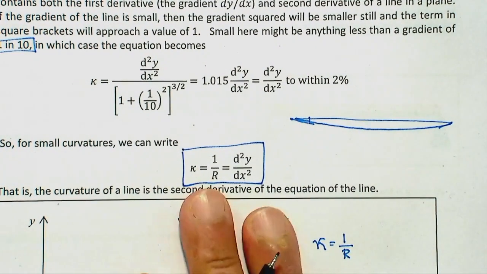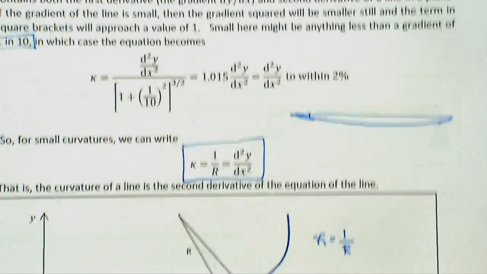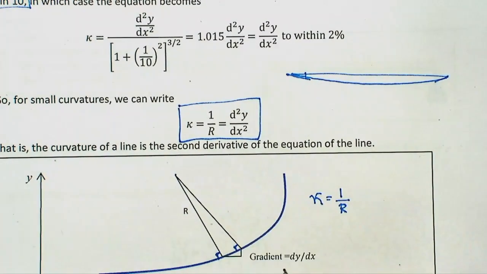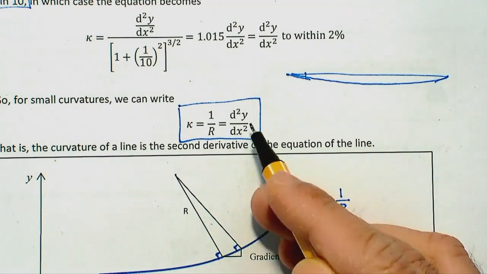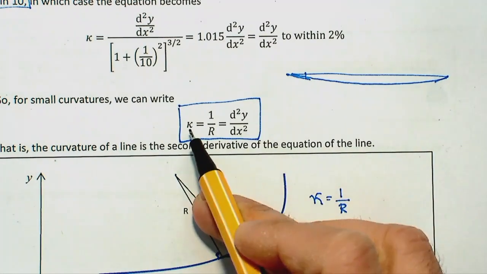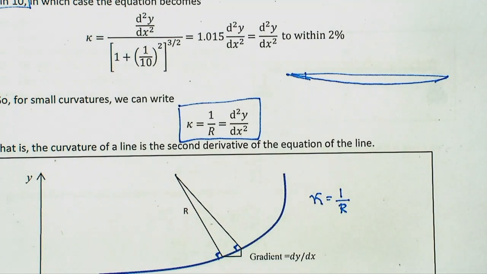Now, the curvature of a beam can be expressed as the rate of change of the gradient. The gradient is dy/dx, and the rate of change of gradient is d2y/dx2. That's related to kappa, which is the curvature.